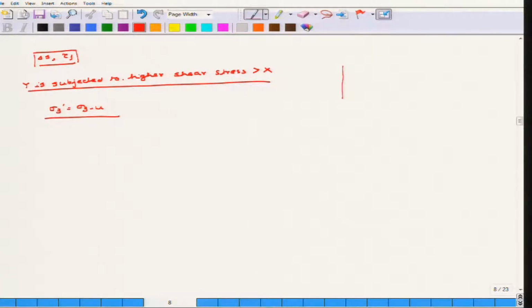So obviously at the end of the consolidation stage, even this sample has sigma 3 dash, this sample has sigma 3 dash as the effective confining pressure.